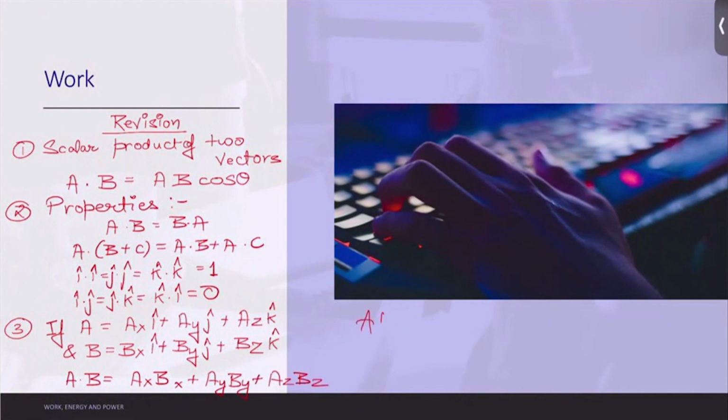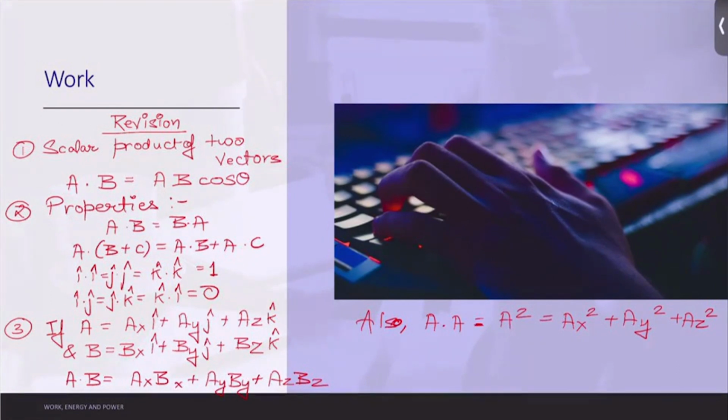Also A dot A is equal to the square of the magnitude, which is AX square plus AY square plus AZ square. Okay. So I hope these things are clear.